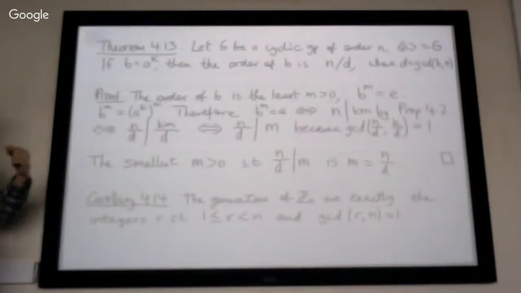Because you take a to the 1, a to the 2, a to the 3, all the way to a to the order of a, and that's the identity. All these powers of a are exactly the elements of the subgroup generated by a.